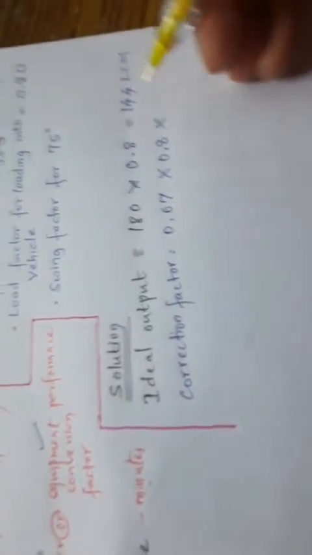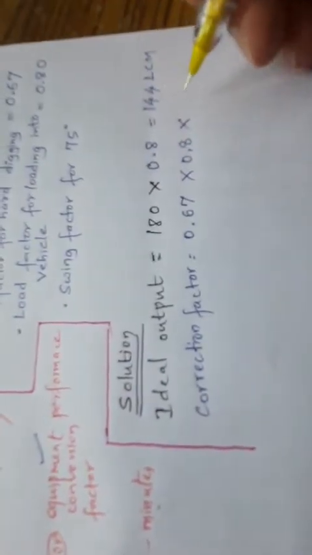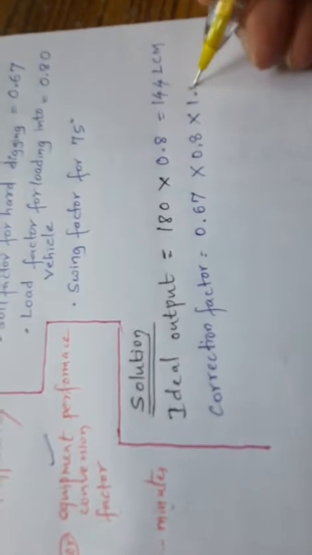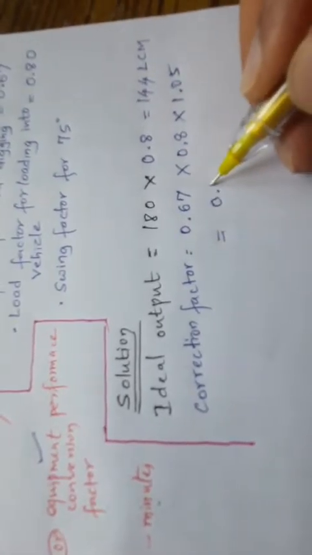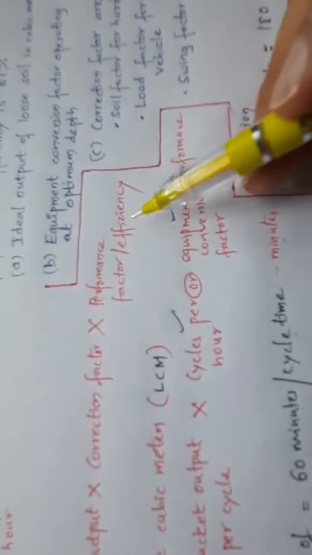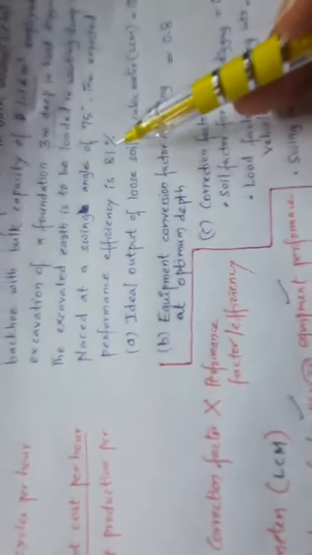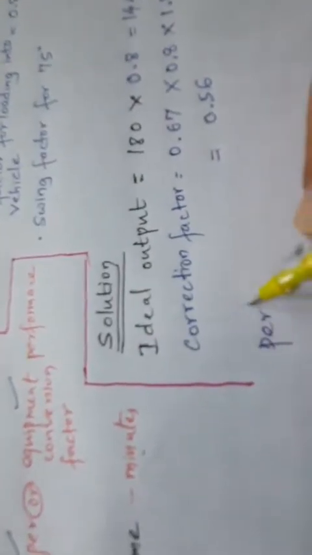You have to remember this. So 0.8 and for 75 you saw 1.05. So the correction factor becomes 0.56. And the performance efficiency is already given in the problem, that is 81%, that we take as 0.81.